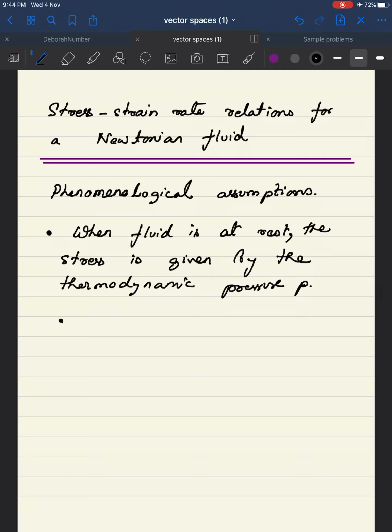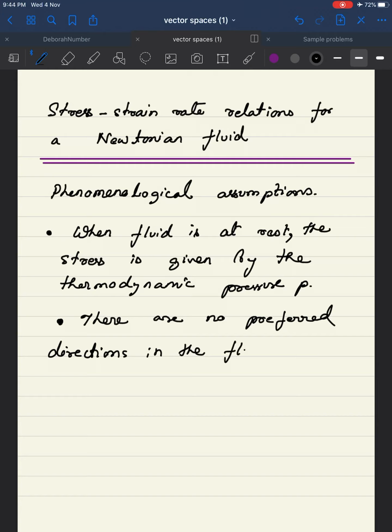Now, second is that there are no preferred directions in the fluid. This is also something of an observation, and I hope you remember Pascal's law, where he saw that the pressure gets transmitted equally in all directions, and basically that says that some of these fluid properties are just point functions, and this is also the condition of isotropy.